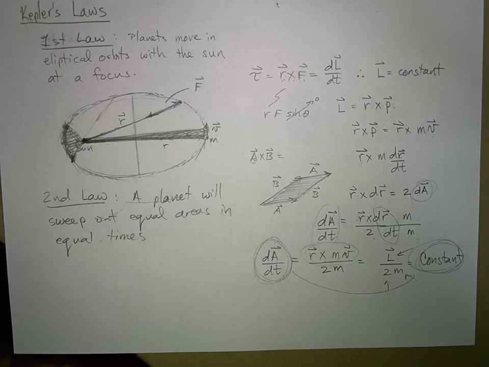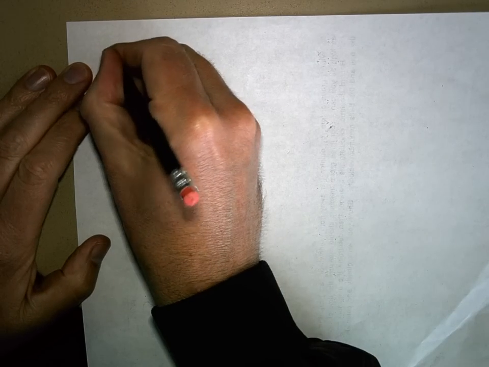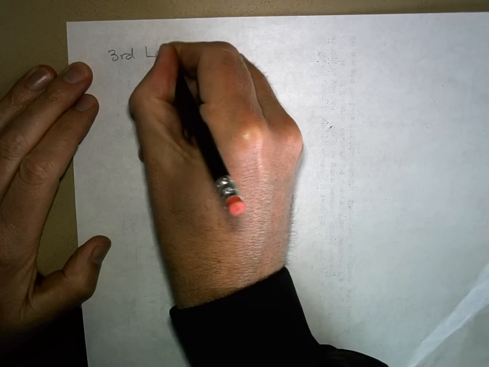Now, let's go to Kepler's third law. In this one, he would really cry if he saw me do this. And actually, I'm not going to do this in complete form. I'm not going to do this for an ellipse. I'm going to do this for a circular orbit. Kepler's law does this for an ellipse.